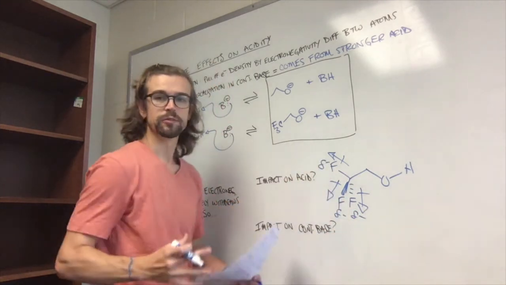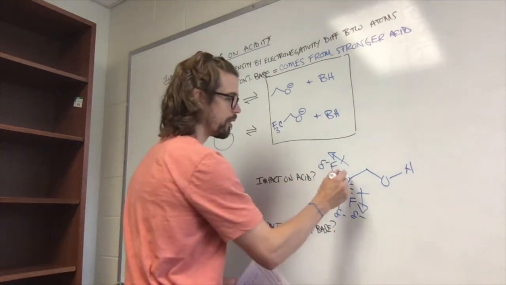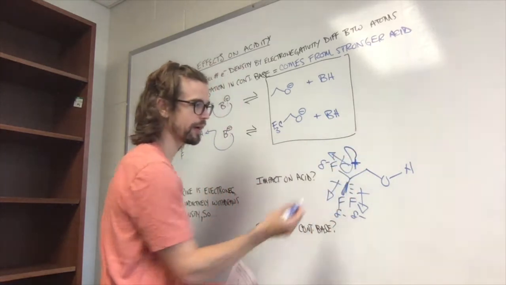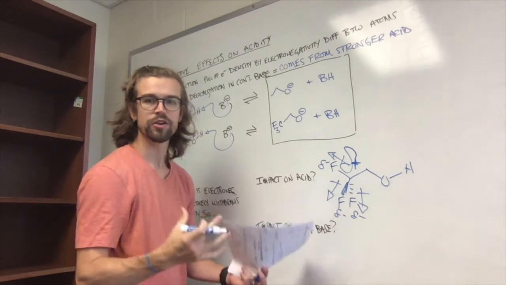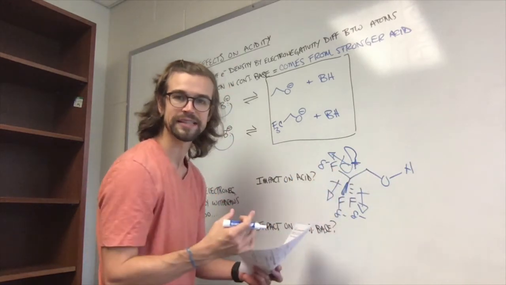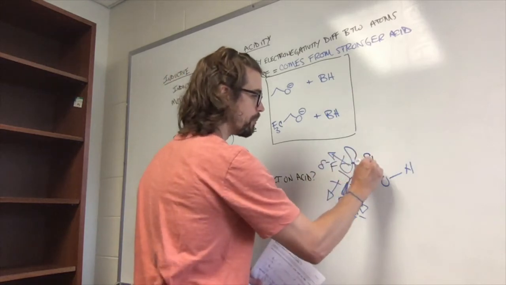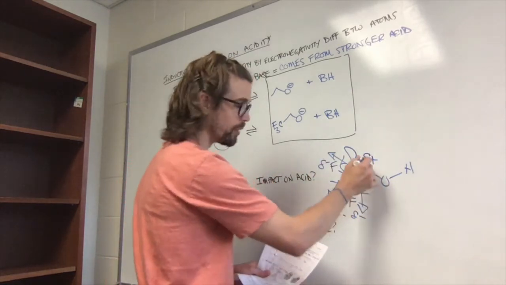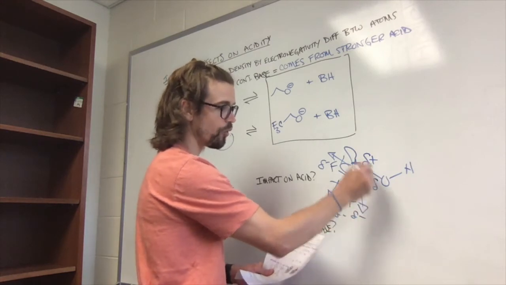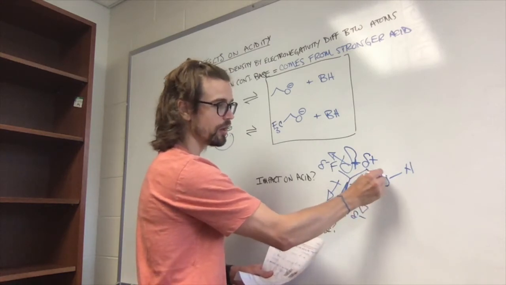All three of those partial negatives have to be balanced by the partial positive right here, so we have an enormous partial positive on that carbon. Because of that huge partial positive, it's going to pull electron density away from its neighboring carbon, which generates a partial positive there, which further down the line puts a partial positive right next to the partial negative, because this oxygen is electronegative.